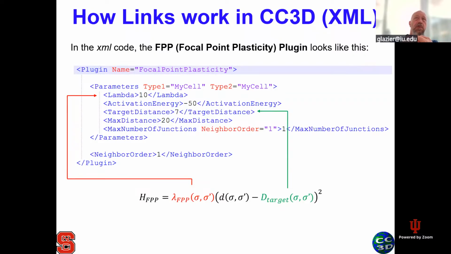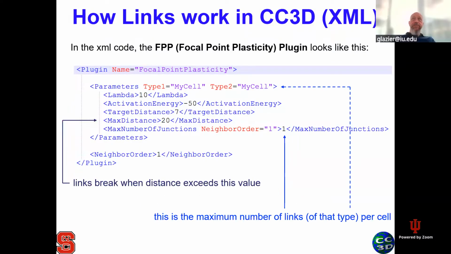And so as you iterate over the neighbors of the cell and say, do I form a link? I don't want to always link to the very first one immediately. I want to be able to randomly link to one of the neighbors. I don't want to have a directional preference. And that's the reason there's this activation energy term. And we'll play with that in just a minute. You could change the activation energy. We could change neighbor order and see what they do.